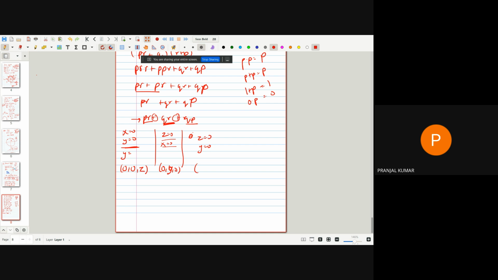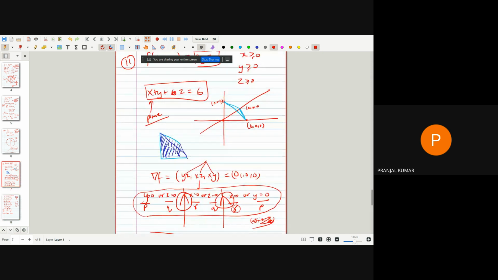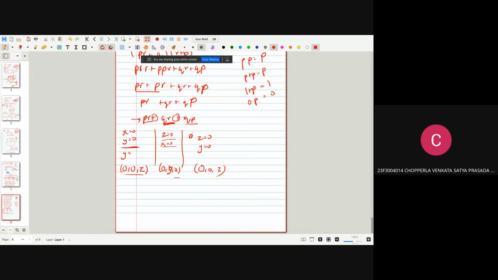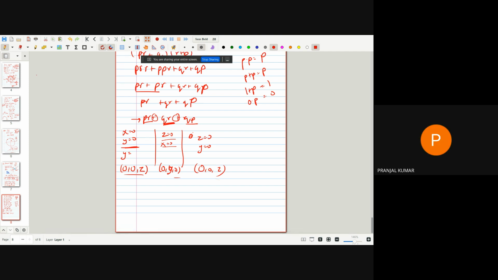Okay, so can you see one thing? These are all these points. Third one is X, 0, 0.